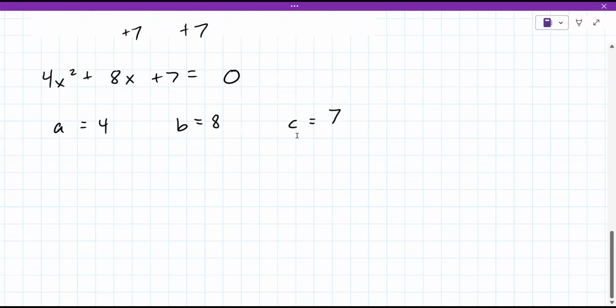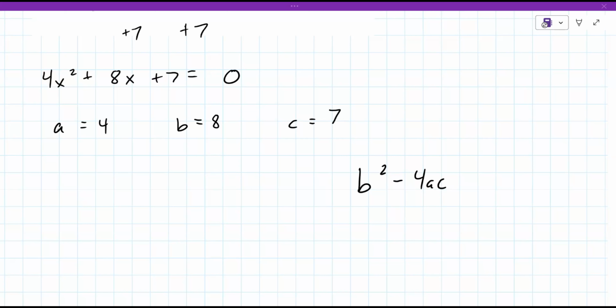All right. And the main thing is to figure out the B squared minus 4AC. Will you attempt to do that for us, please? Yeah, of course. Give me 1 second. Let me get that written out. B squared, so that'll be 8 squared minus 4 times 4 times 7.